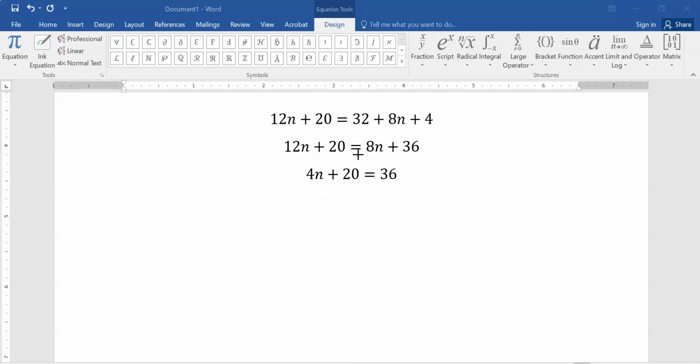So we subtract 8n from the left, subtract 8n from both the left-hand side and the right-hand side of the equation. All right. You're left with 4n plus 20 equals 36. Now subtract 20 from both sides.